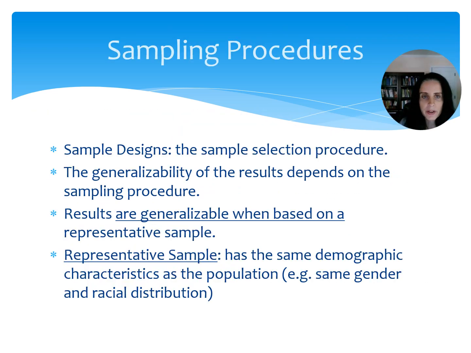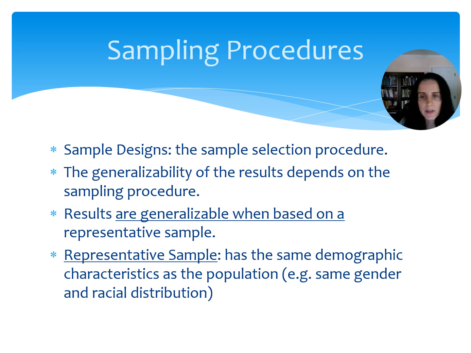Every research project must include a sample design, which means that it must clearly describe the sample selection procedure. The sample selection procedure is crucial in the design of a study because it has direct consequences on the generalizability of the results. To be able to generalize our conclusions, the sample from which we're collecting information must be representative of the population.